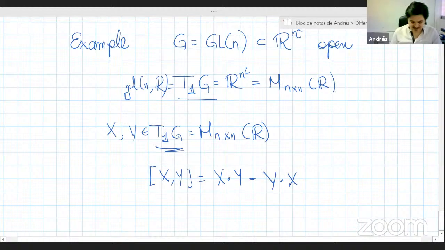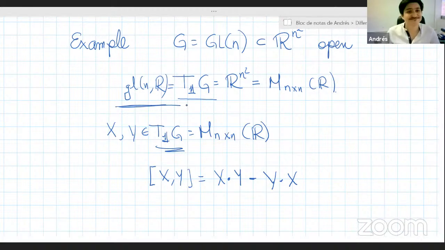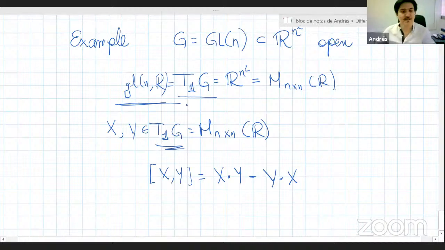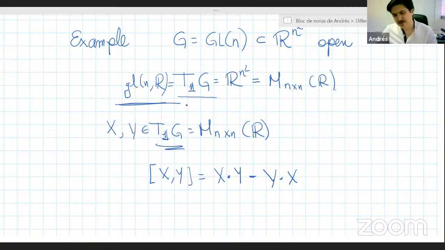So that's what makes this into an algebra. This is the product, the commutator of matrices. Now, G is non-singular matrices, but the tangent space is the set of all n by n matrices. So this is a particular case, but we need to define in general what is the algebra structure on that tangent space to a Lie group. Okay?